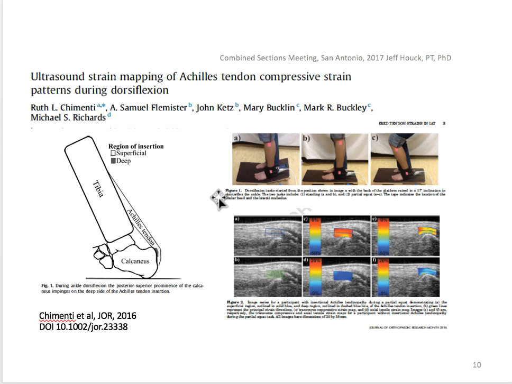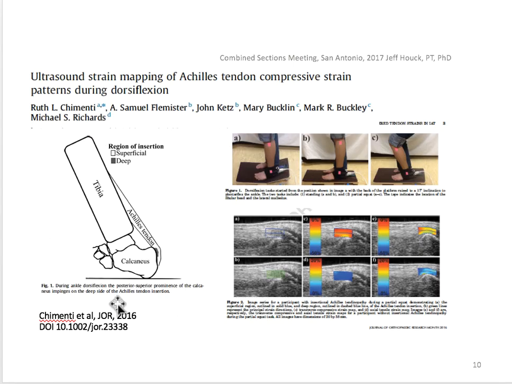So this was examined in people with IAT using ultrasound elastography, and what we see here is a person standing, and they're evaluating. They're using an air bladder to move the foot into dorsiflexion, plantar flexion, and neutral while they take ultrasound images.